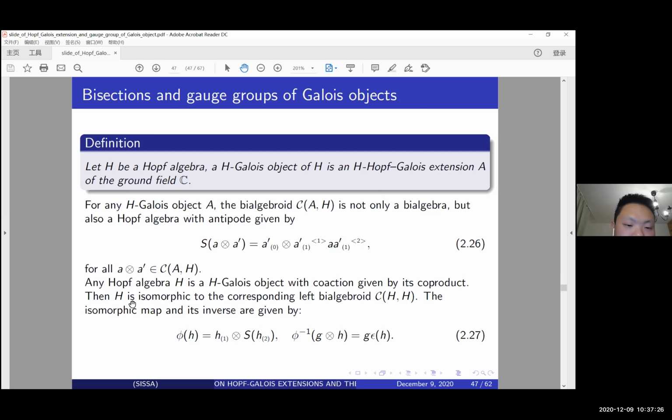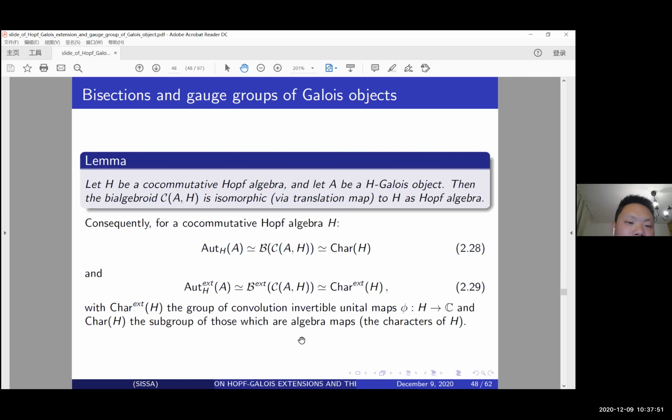In this case, the Hopf algebra itself is isomorphic to the corresponding Ehresmann bialgebroid C of A, H, where the isomorphism is given by 2.73, that is phi of h equal to h1 tensor S(h2), and we can check h1 tensor S(h2) is a co-invariant under the diagonal action.